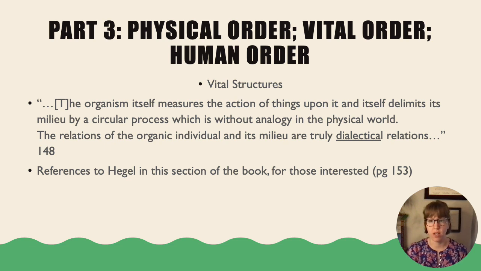But definitely the key concept of dialectical relations is big in this part of the book and in the part on the human order. So there's something about this that is a circular process between the organic individual, the organism, and its milieu.